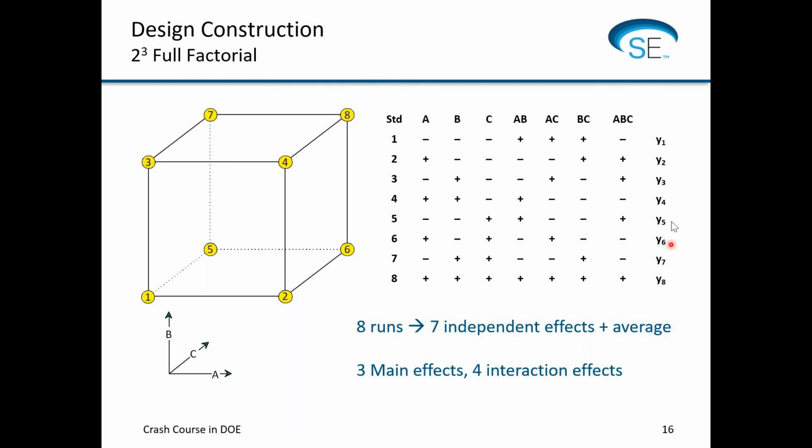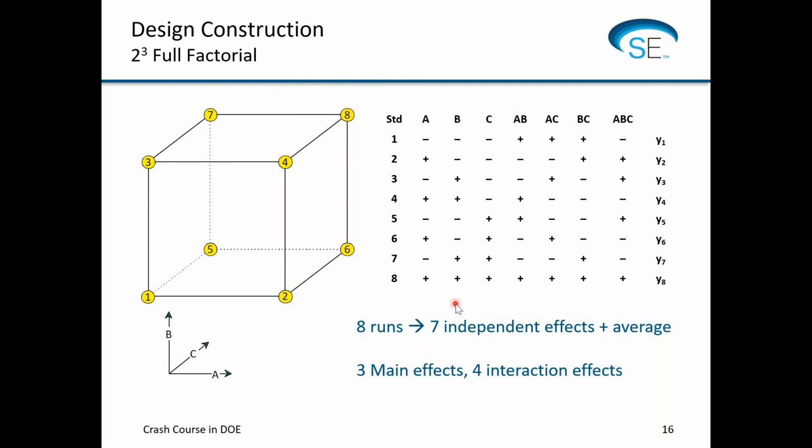We also have two-factor interactions, AB, AC, and BC, that we can evaluate, and then also something called a three-factor interaction, right? And they all have their unique plus-minus pattern as well. So what we can calculate with 8 runs is the overall average. That's 1 degree of freedom in statistical speak, used to calculate the overall average of the data.